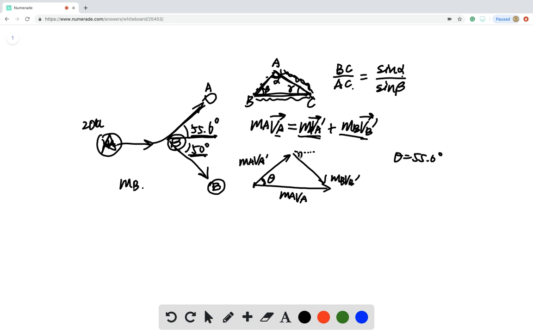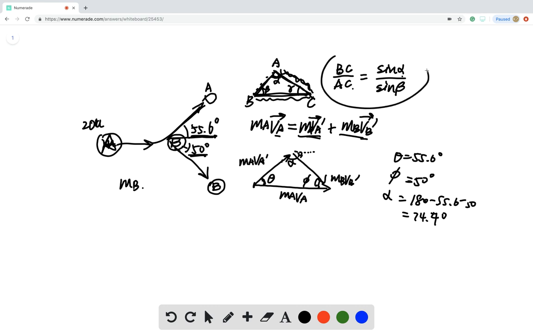And we know this angle, which is also equal to this angle, is 50 degrees. And of course, from those, we can infer that this angle equals 180 minus 55.6 minus 50, which is equal to 74.4 degrees.